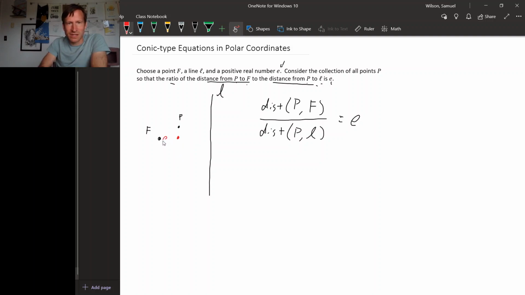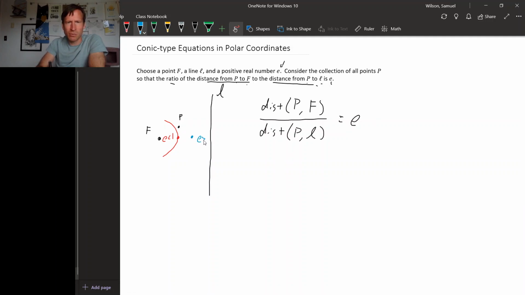This is if E is less than 1. And as we move up and down, we have to stay closer to the focus than to L because the numerator here is smaller than the denominator. So whatever curve this is, it's going to swing off in this direction to the left, closer to the focus.